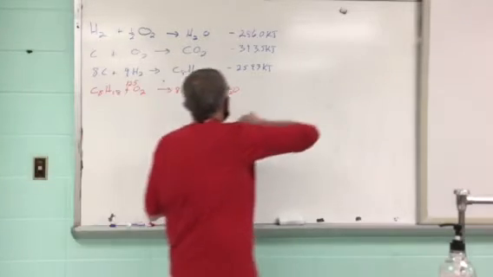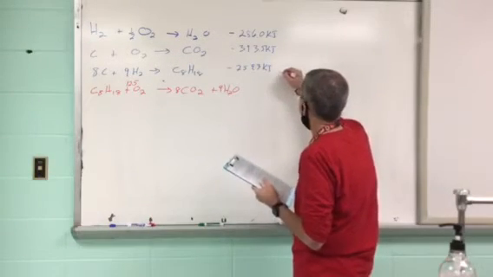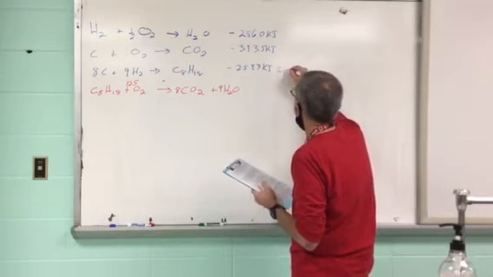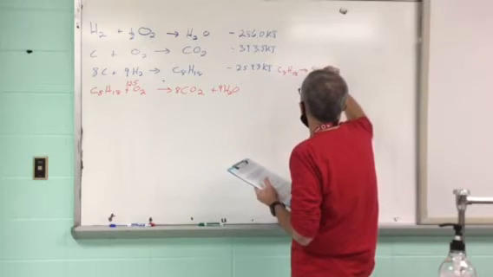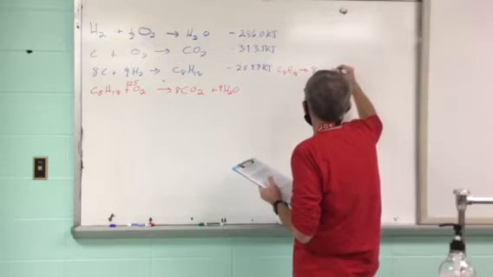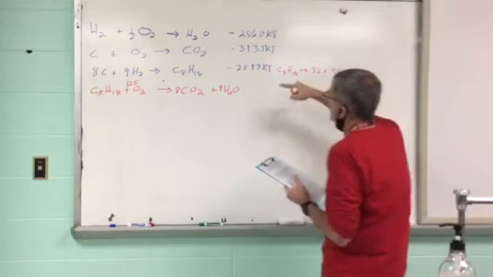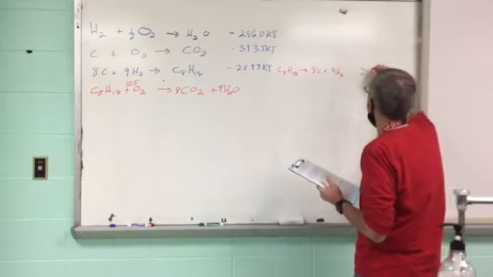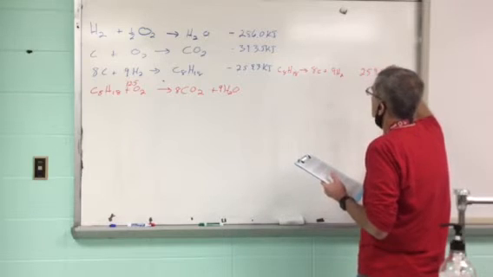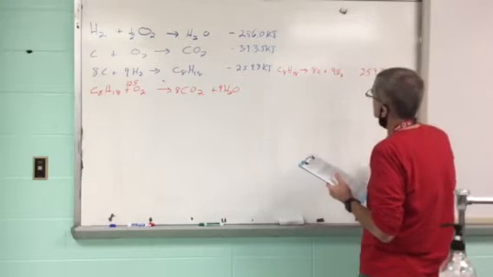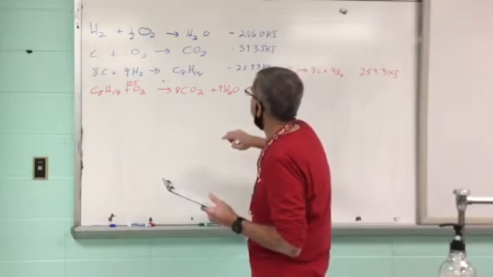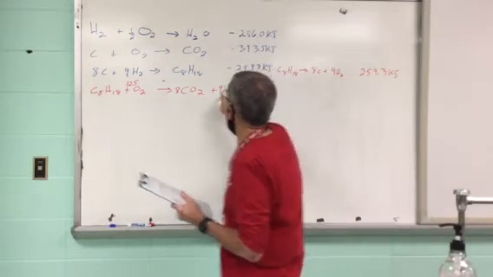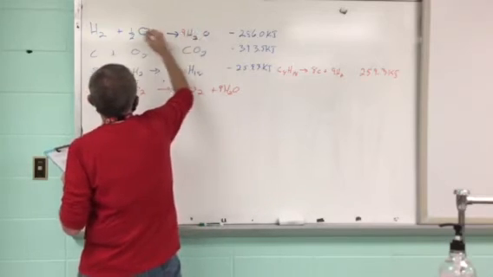So obviously we need to reverse this. So we could say that C8H18 yields 8 carbon plus 9 hydrogen, and that changes it to positive 259.3 kilojoules. To get the 9 water up here, I've got to multiply this by 9.